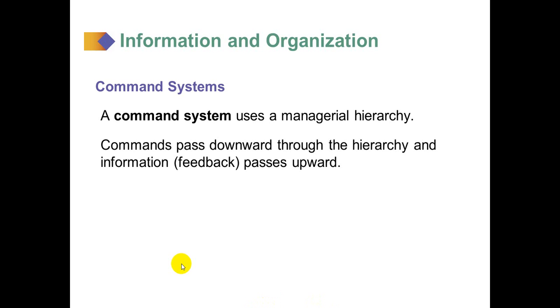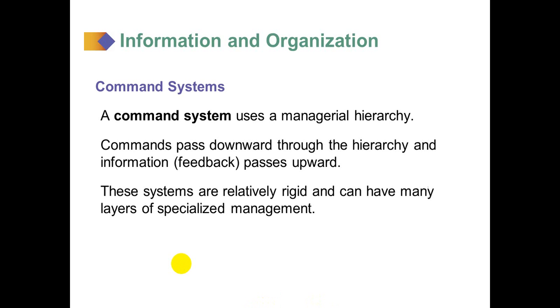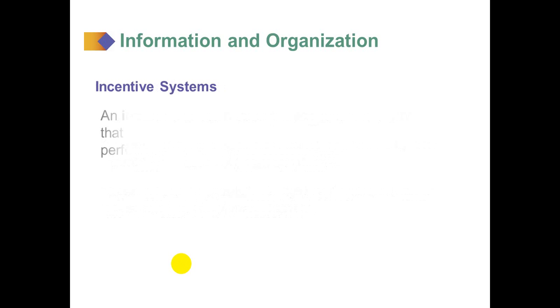A command system uses a managerial hierarchy. Commands pass downward through the hierarchy, and information feedback passes upward. These systems are relatively rigid and can have many layers of specialized management.